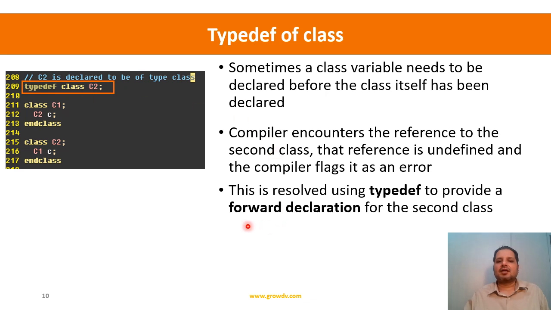This is called a forward declaration, and it's an important concept. It tells the compiler that the actual definition of this class will follow. If you don't provide the definition, it will flag an error at the end if it doesn't find anything. But this tells the compiler that it will find it later and it will continue. So now when I say C2 of C, it won't flag an error and will continue.